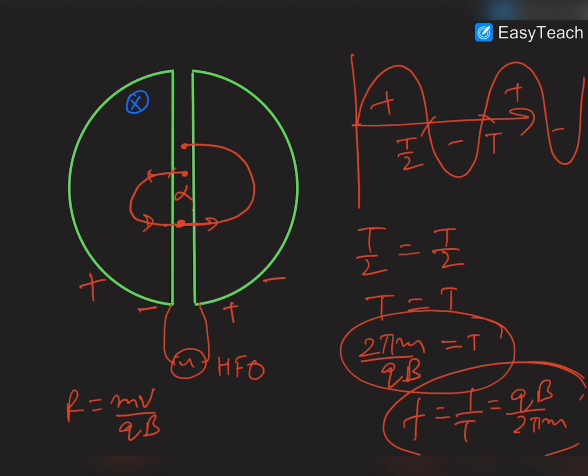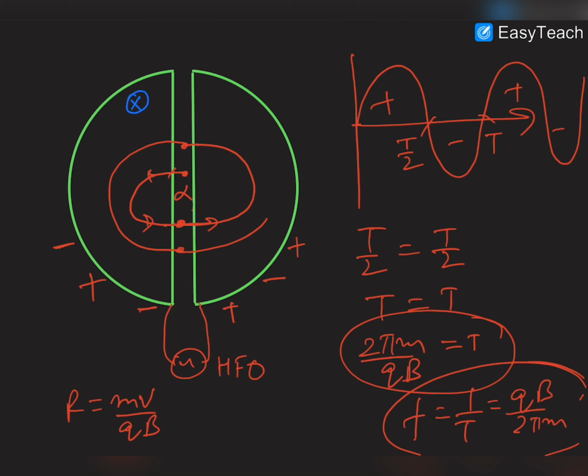And now again, when it reappears between the gap, the polarity of the Ds will again change. Now this D will again be negative and this would be positive, and again there would be an impulse which would increase the speed, and again it would go in a circle of greater radius.